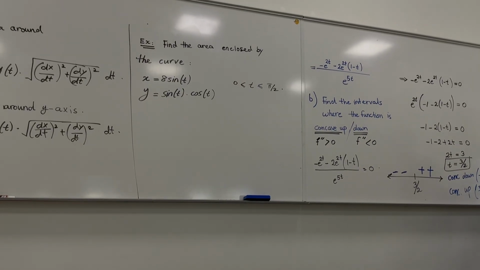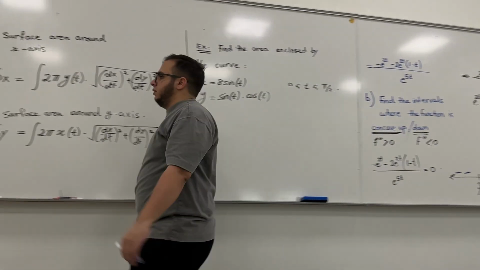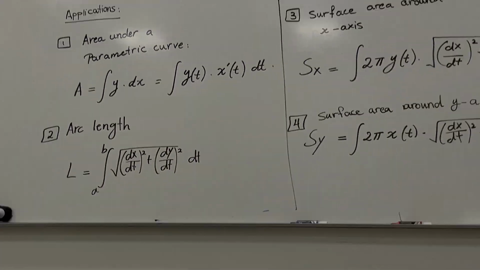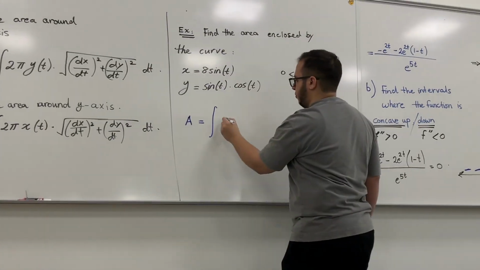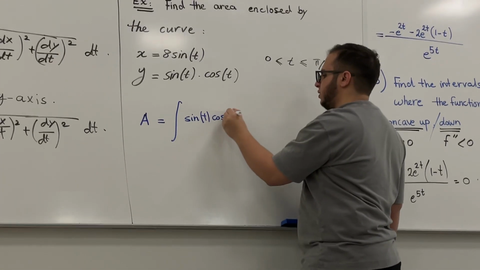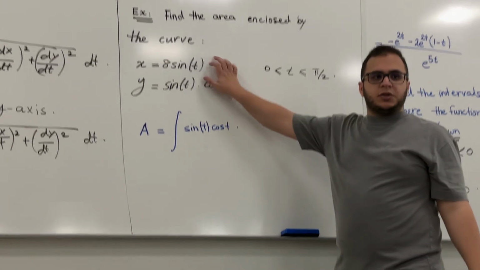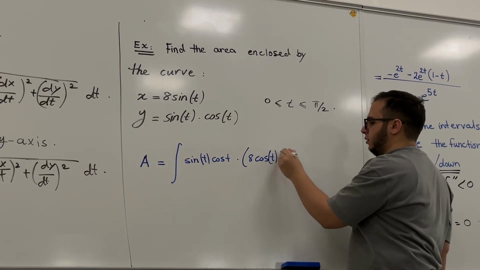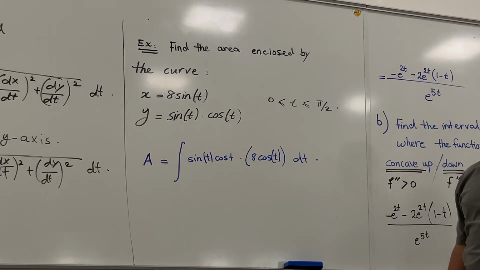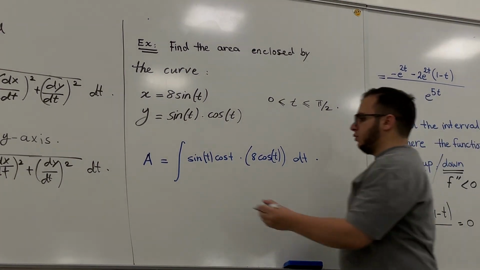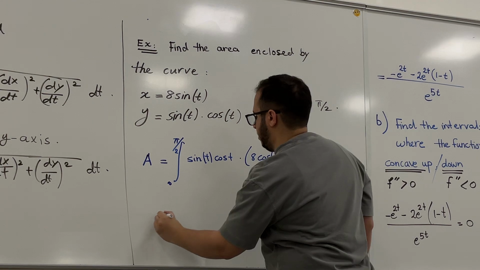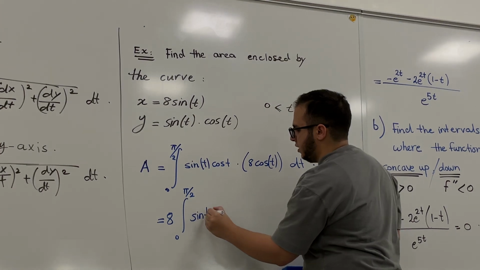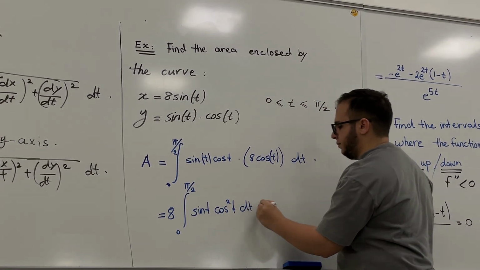So let's apply it. What's the formula? Integration, the function y times x prime. So area equals integration, the function y, just copy paste it, sine t cosine t, multiplied by x prime of t. How much is x prime of t? 8 cosine t, right? Okay, that's it. And then the integration goes from 0 to pi over 2. You have 8 integration 0 to pi over 2 of sine t cosine squared of t dt.